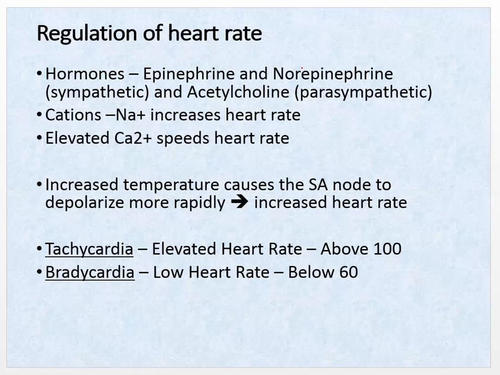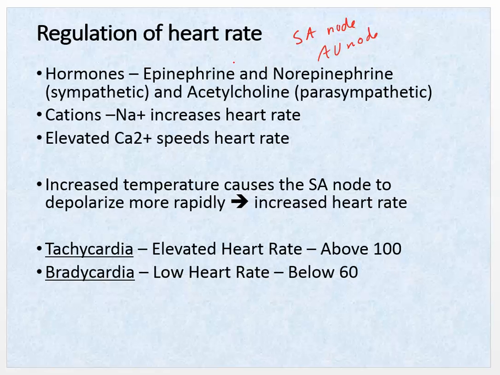All right, so we've mentioned some of this, the regulation of the heart rate. Remember, we're talking mainly about the SA node, but it also controls the AV node, because you don't want to slow down or speed up the SA node without letting the AV node know as well.